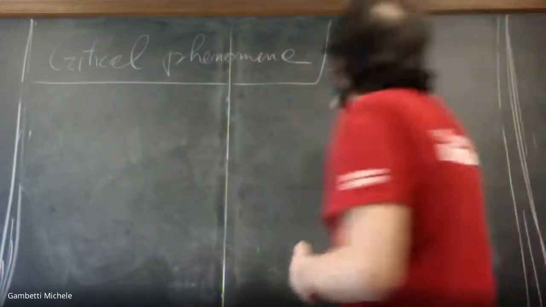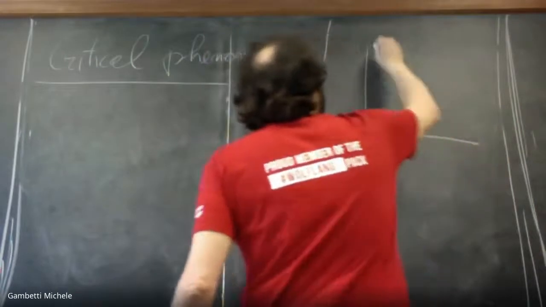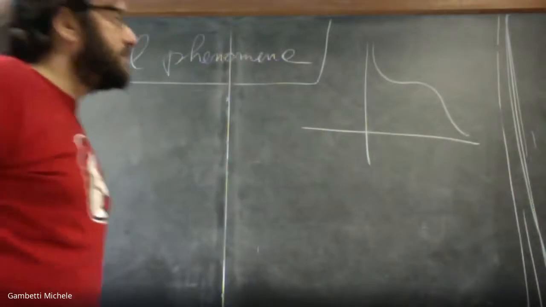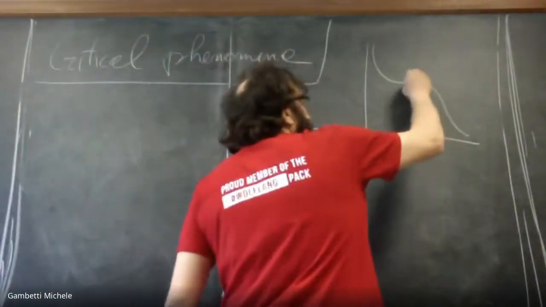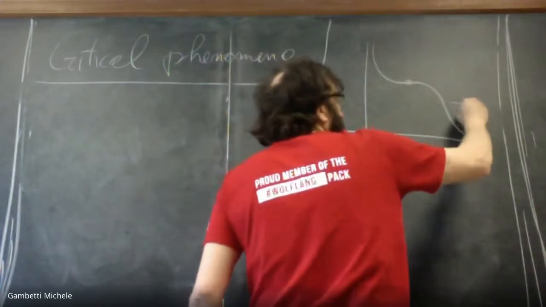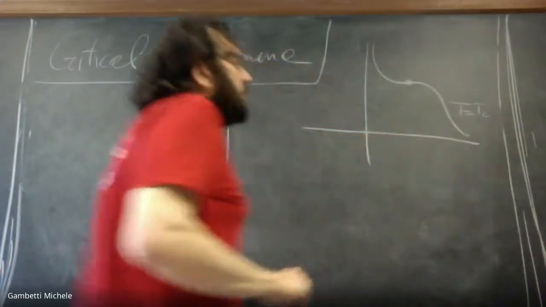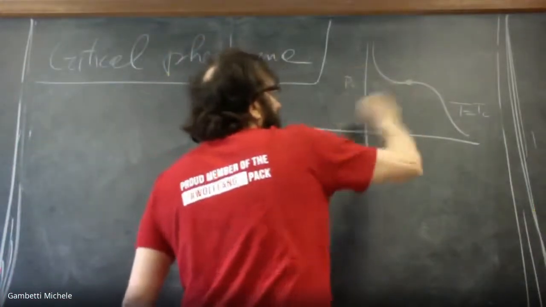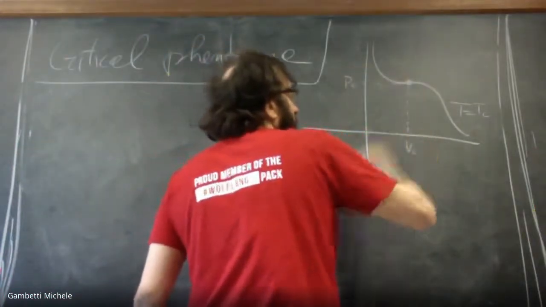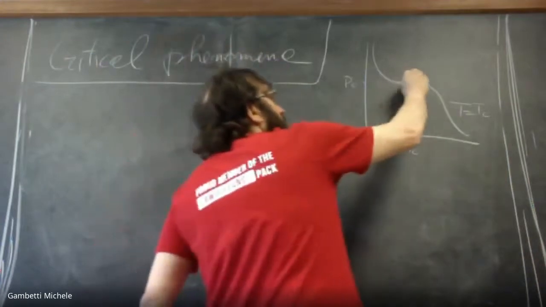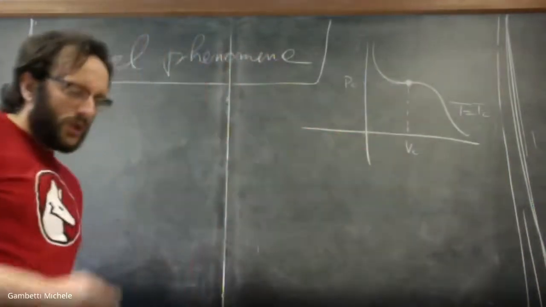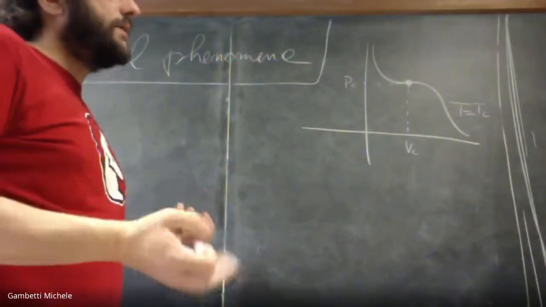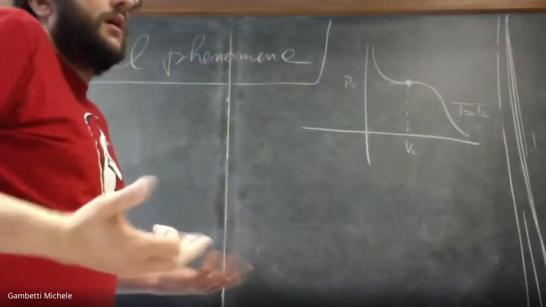So in the case of the liquid-gas phase transition, the critical point was this point here, the temperature T equal to Tc. This is the critical pressure Pc, and this is Vc. And it is exactly the point in which your feeling about what is gas or what is liquid actually changes.